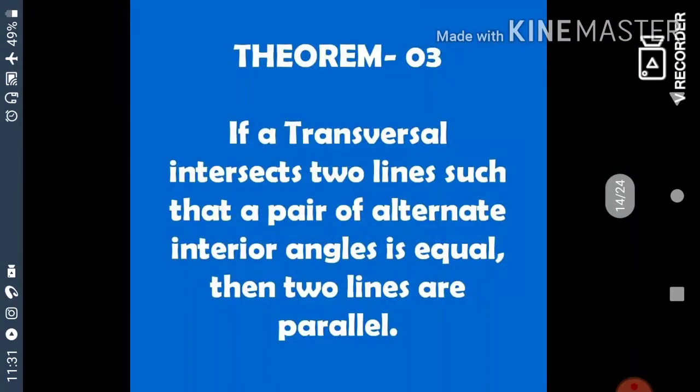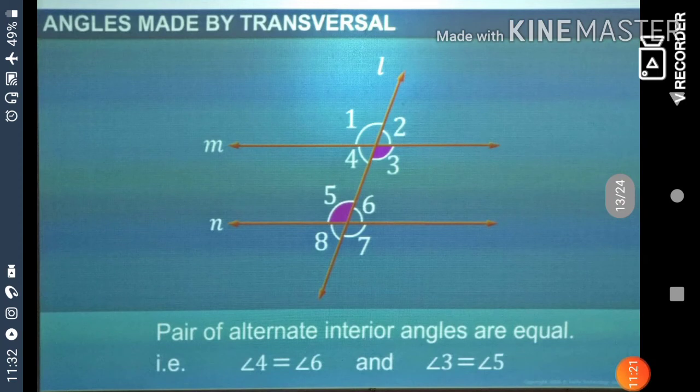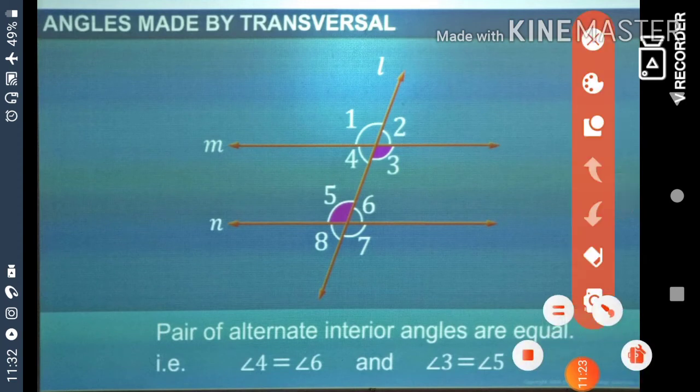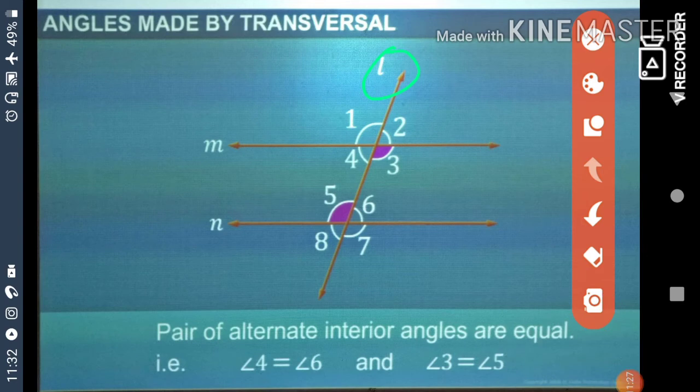Now theorem 3, which is the converse of theorem 2, says that if a transversal intersects two lines such that a pair of alternate interior angles is equal, then the two lines are parallel. So as I told you, it is a converse. The line L intersects the two lines M and N. Right now they are not saying these are parallel, just that alternate interior angles are already equal.